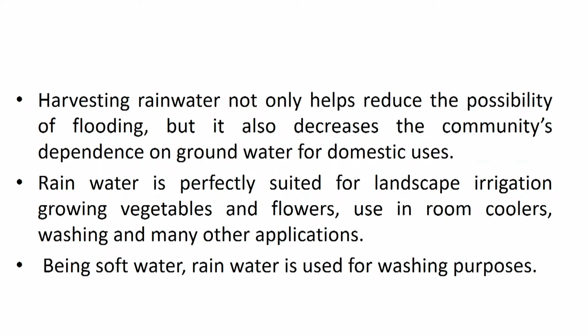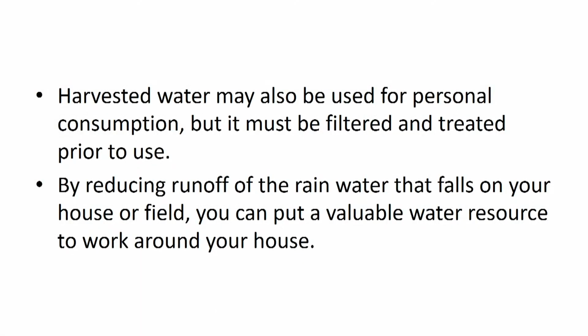Being soft water, rainwater is used for washing purposes too. While using rainwater, hardness deposits do not accumulate and there is no problem of soap scum. Harvested water may also be used for personal consumption, but it must be filtered and treated prior to use.